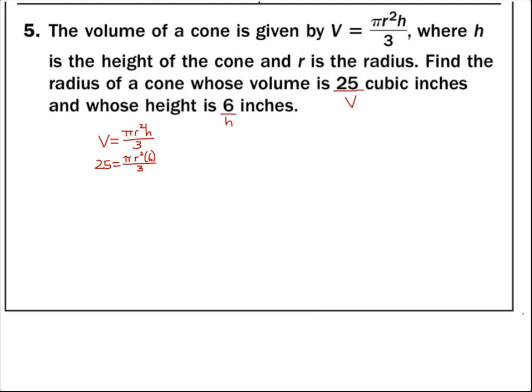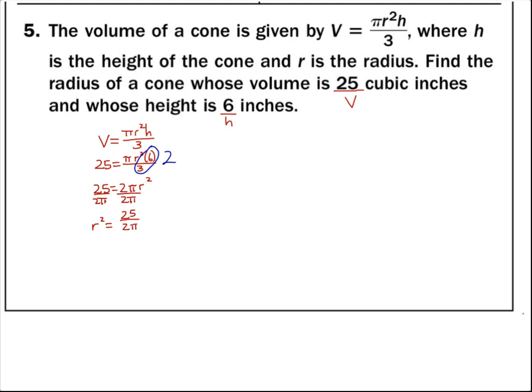Now, one nice thing is that here, 6 over 3, that reduces to 2. So we can rewrite this as 25 equals 2 pi r squared. And then we can now just go ahead and divide both sides by 2 pi. So we get r squared equals 25 over 2 pi.